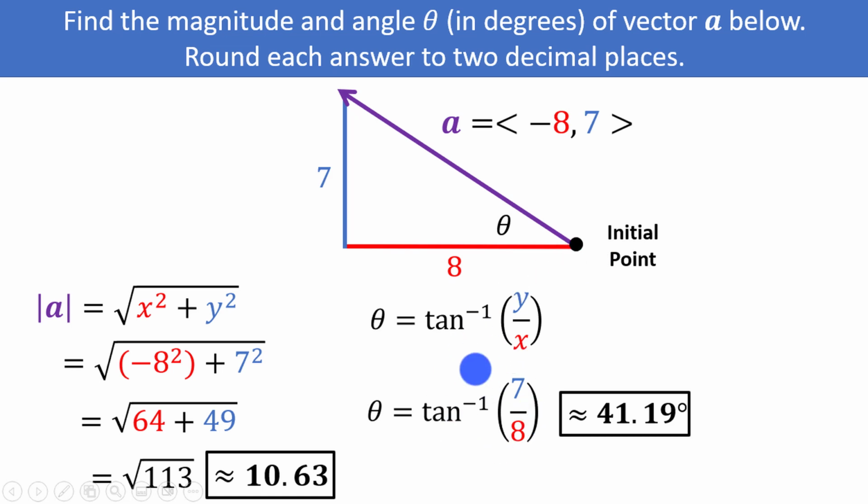Inverse tangent will always give you an angle either in quadrant 1 or quadrant 4. In this example, if we had a negative 8 in our inverse tangent, we would be getting the angle in quadrant 4. To find the correct angle from the positive x-axis all the way to our vector, we would actually have to take the output that we got from inverse tangent and add 180 degrees. So as you can see, things would be a little bit more complicated. Thankfully, in this problem, we are only asked for the interior angle of the triangle, so we don't have to worry too much about that.